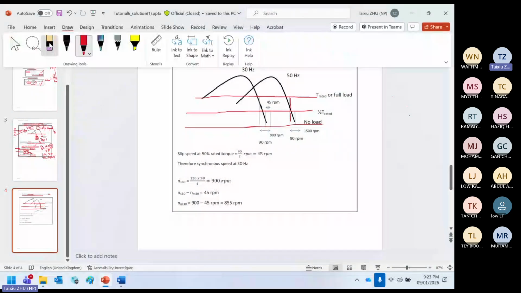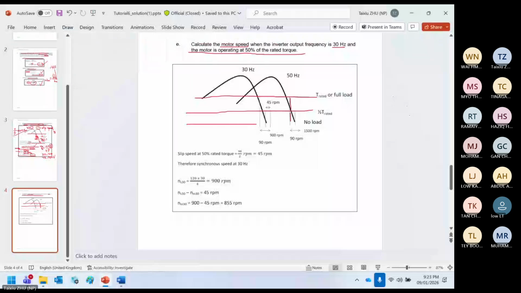My mouse is not very easy to control. Roughly here. Okay, that's the line.